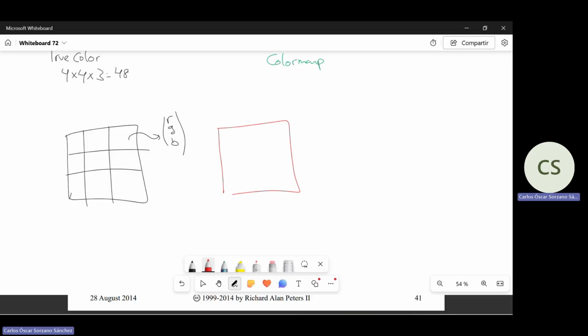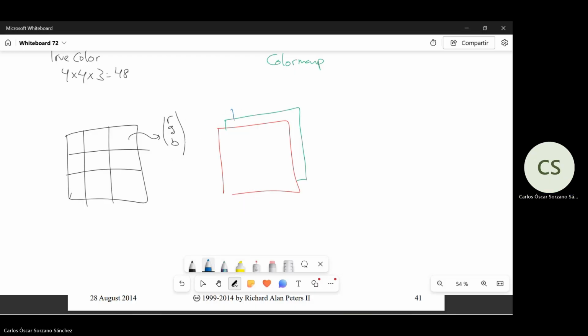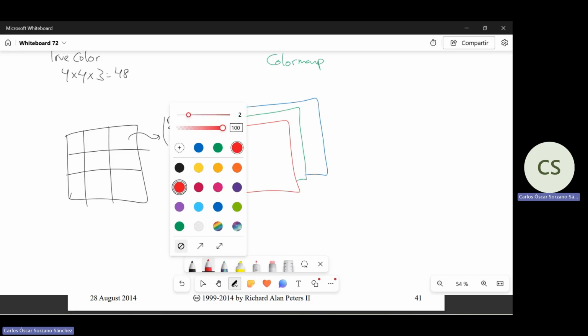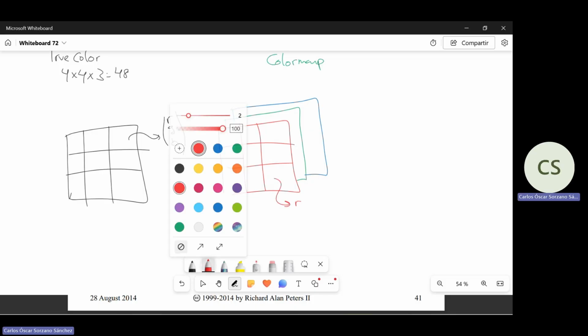One is red, the other one is green, and the other one is blue. And each one of them only has a value. Here you would have the red, here the green, and here the blue.